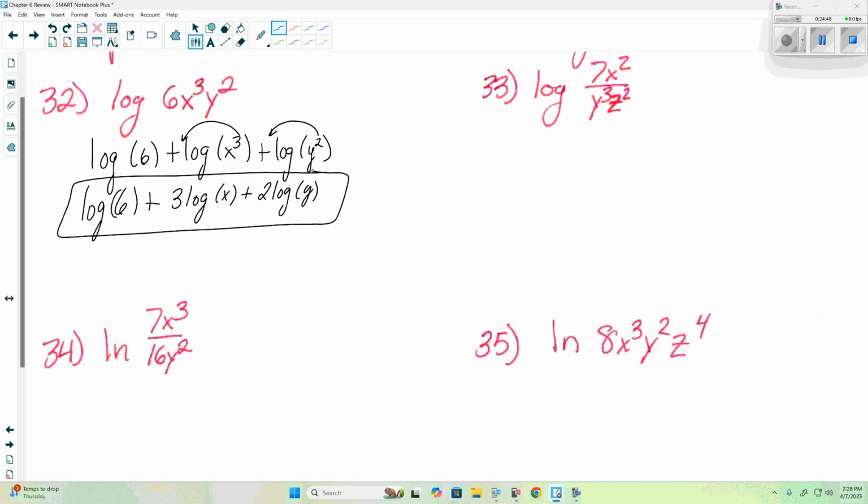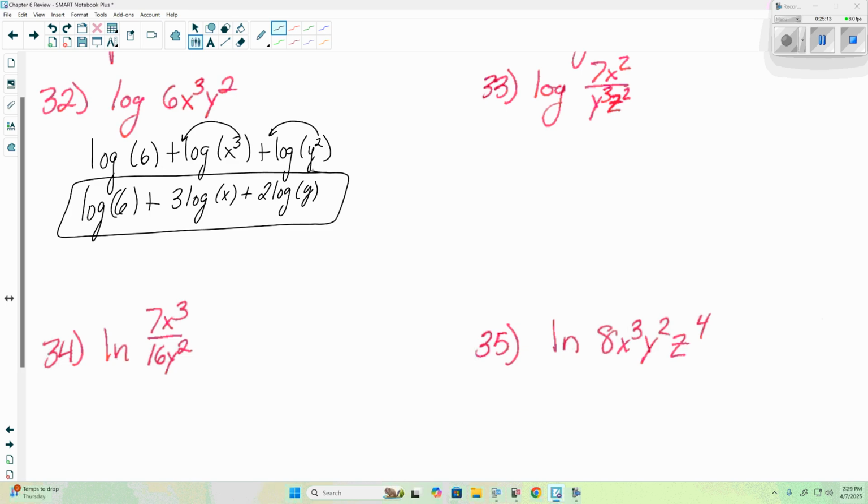Now, one thing, you can put it down as a hint or as a reminder to yourself. When we're expanding, if we have terms in the bottom of the fraction, their logs are going to be negative. So when we get finished, the log connected with y and the log connected with z should be minus that log with y minus the log with z. Because what's on bottom is going to be negative.